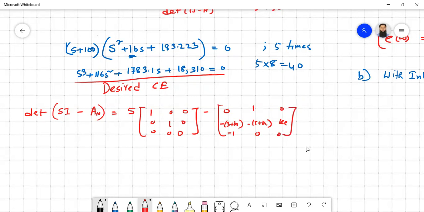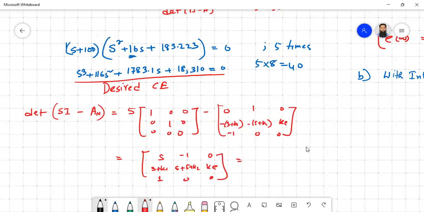Now what we have is s, minus 1, 0, then 3 plus K1, s plus 5 plus K2, then 1, 0, 0.